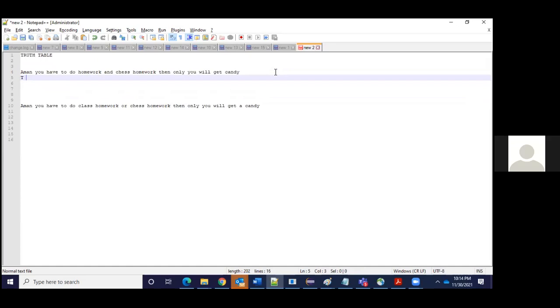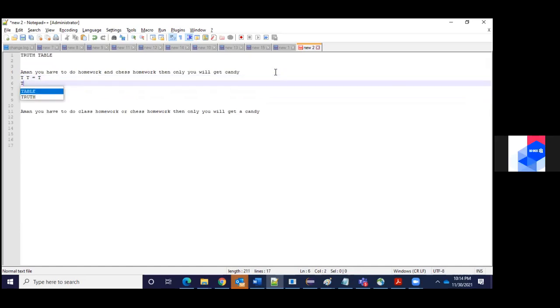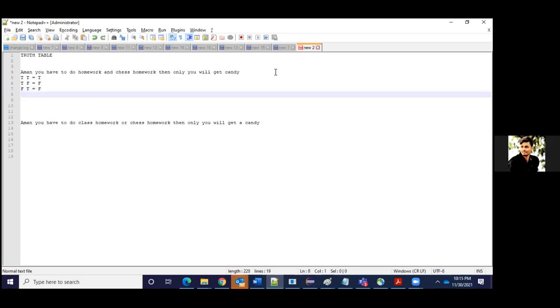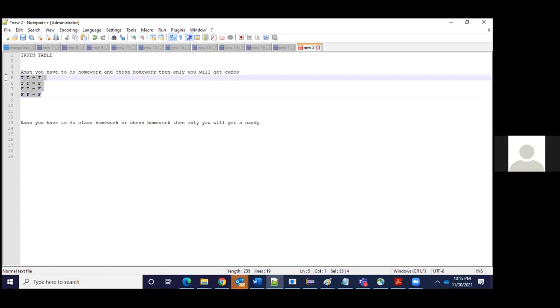If he does his class homework and he does the chess homework, then I'm giving a candy to him, right? Yes. If he does class homework and did not do the chess homework, shall I give a candy? No. If he did not do his class homework and he did not do his chess homework, shall I give him candy? No.